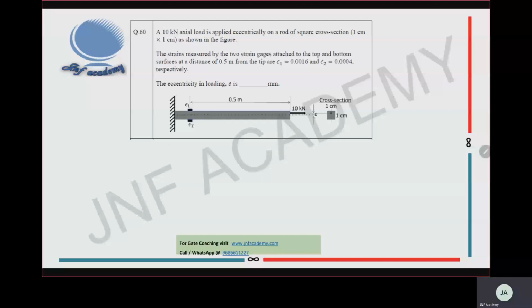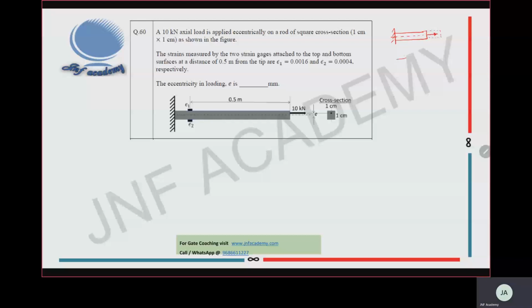So here you'll have to remember this condition. Whenever the force is acting at the centroid point, it will go for only elongation.